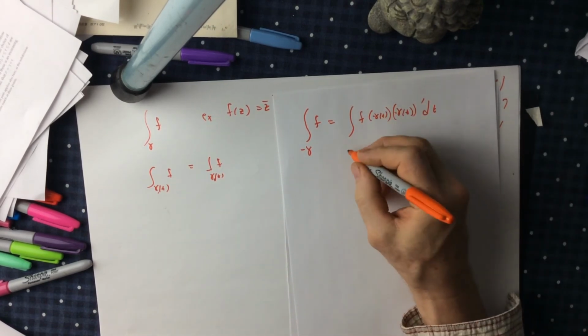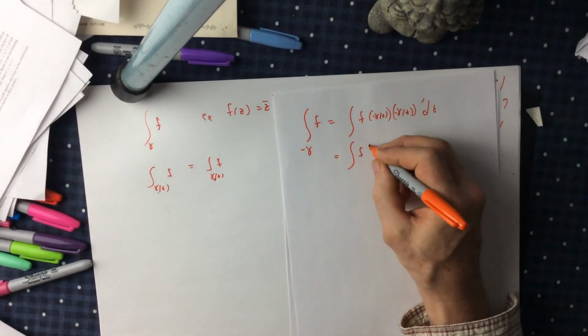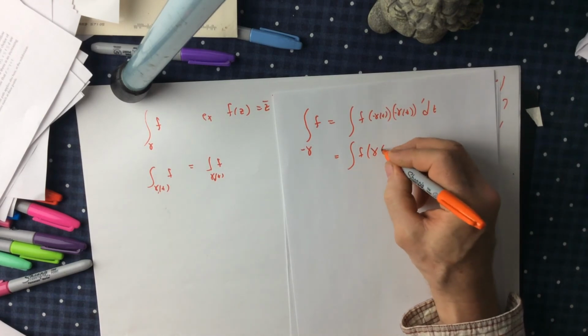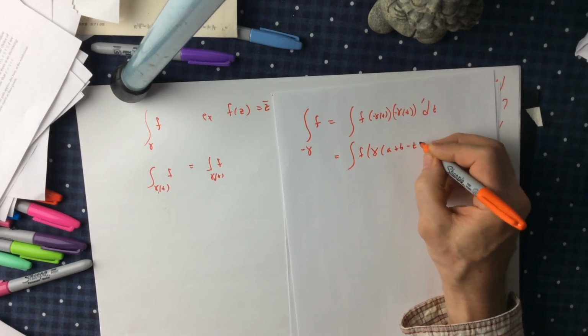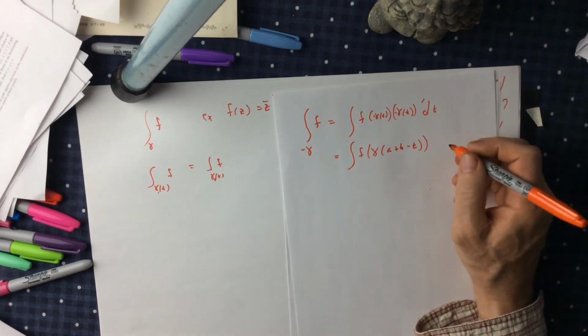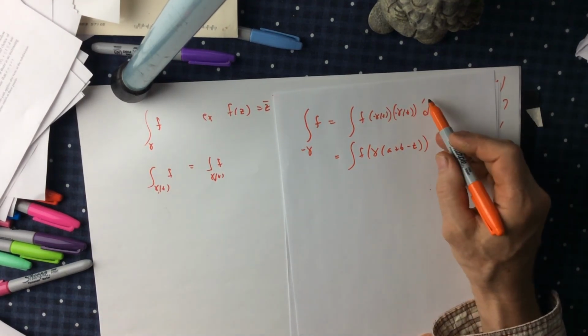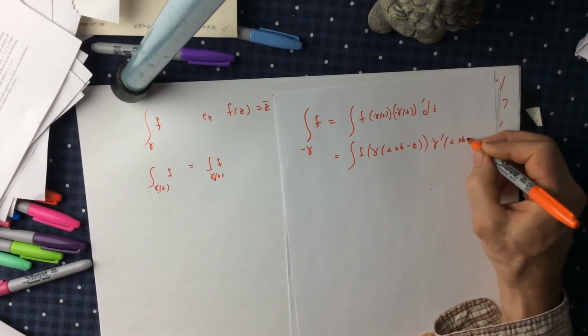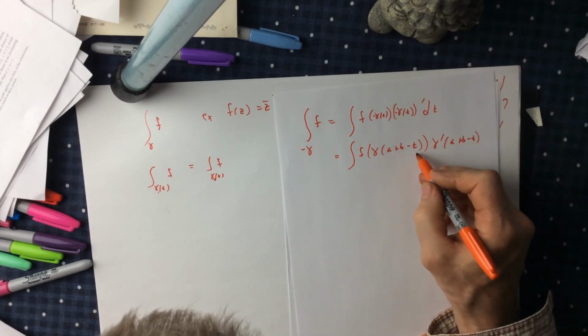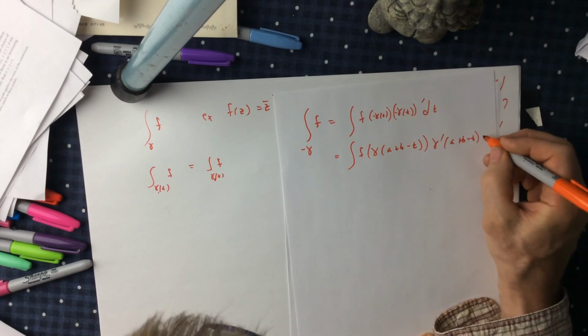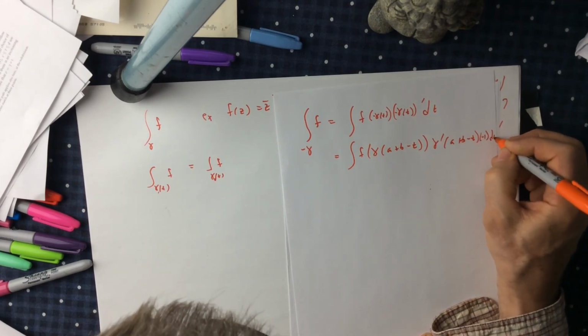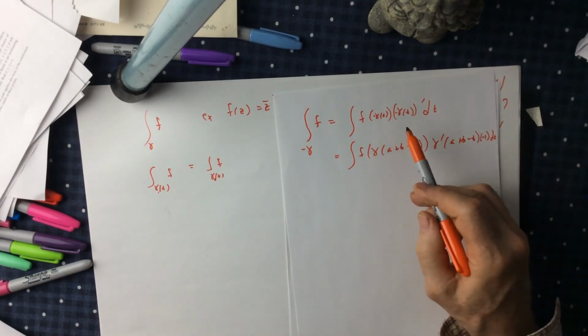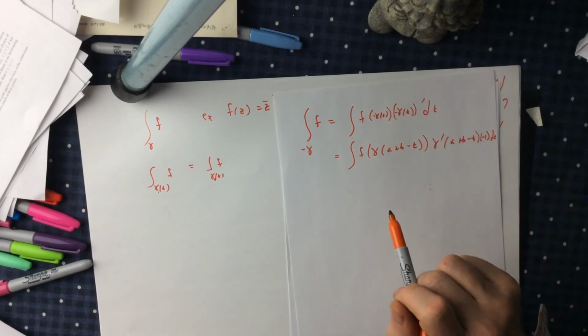But I know what minus gamma is. Minus gamma is just gamma of a plus b minus t. And minus gamma prime is gamma prime of a plus b minus t. But the derivative of the inside, for the derivative of gamma prime, produces a minus 1 dt. So there's the chain rule on minus gamma of t's derivative.